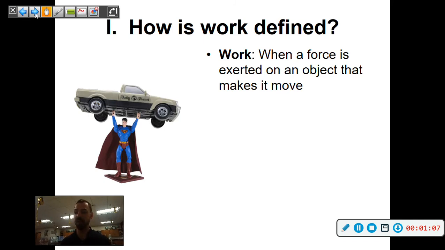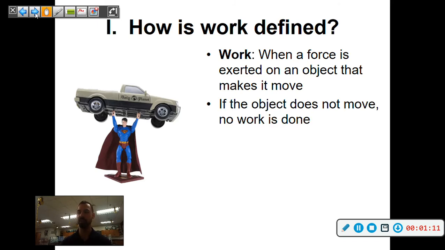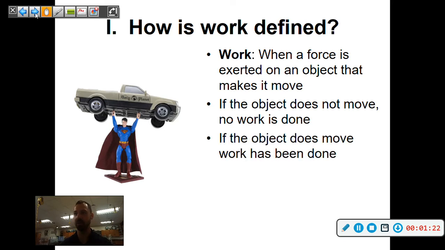So only if the object moves is work done. It will make more sense when we do the calculation, but if the object does not move, no work is done. All right, so you'll see mathematically how that works. If the object does move, work has been done and it can be calculated.